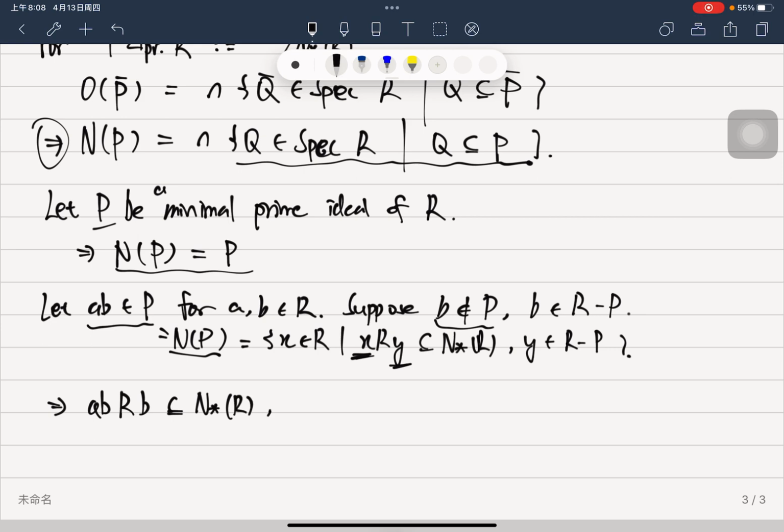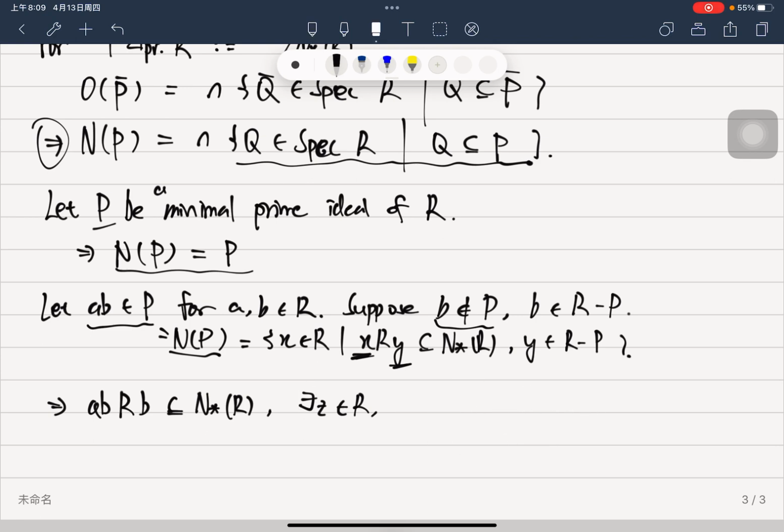That is, there exists a z such that, actually this is every b, is contained in this one. Okay, now, but I'm not sure whether this is an element in the complement R minus P, but we can handle this by here.